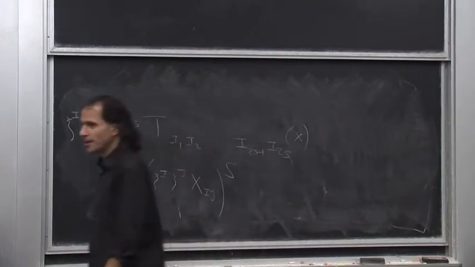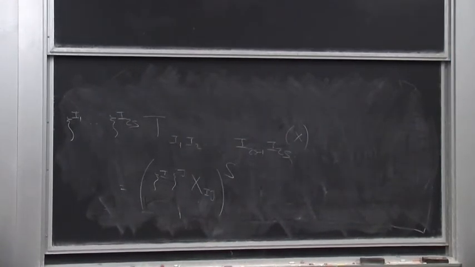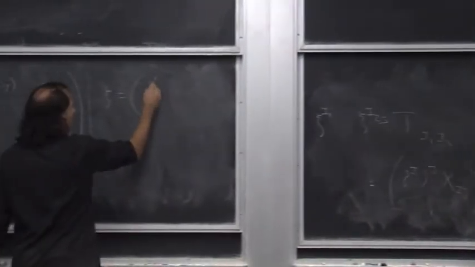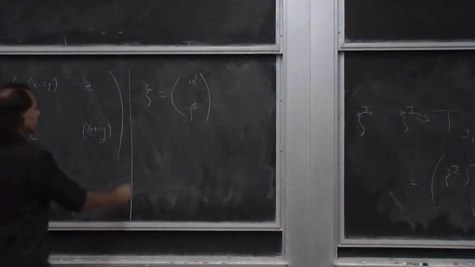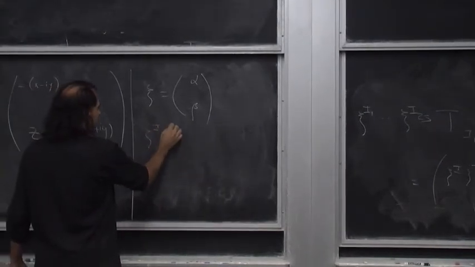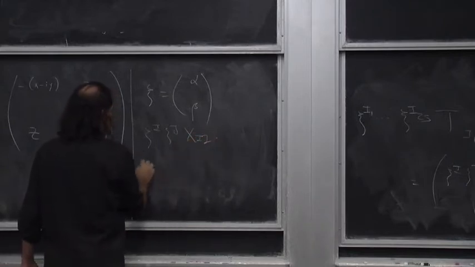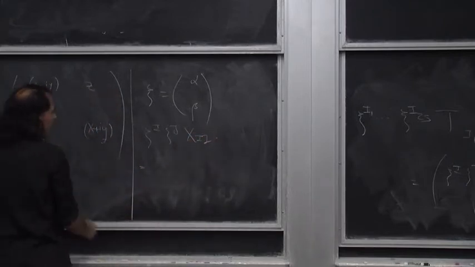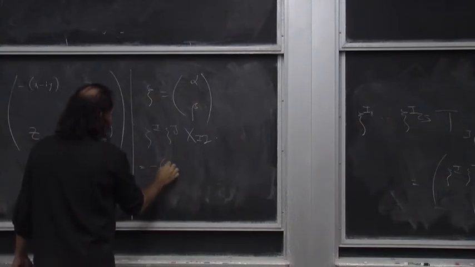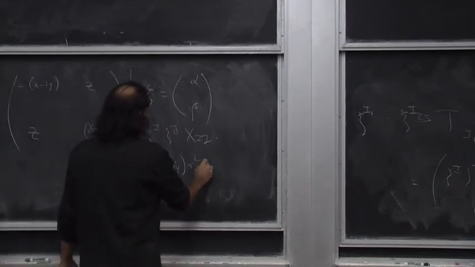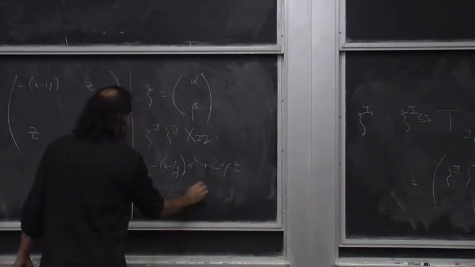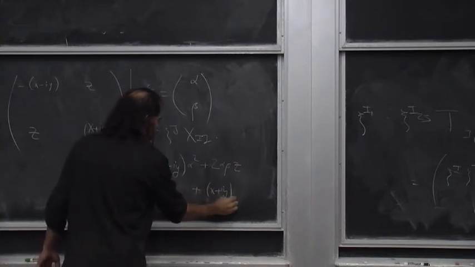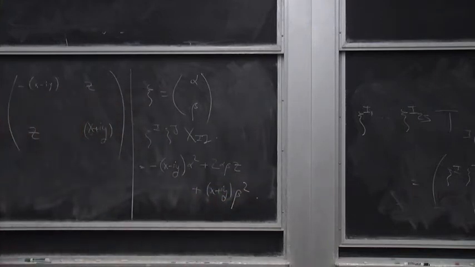And so those are the spherical harmonics. You just write xi as some general alpha, beta. If I compute xi I, x lower ij, xi J, in terms of these variables, it's equal to minus x minus iy alpha squared plus 2 alpha beta z plus x plus iy beta squared.